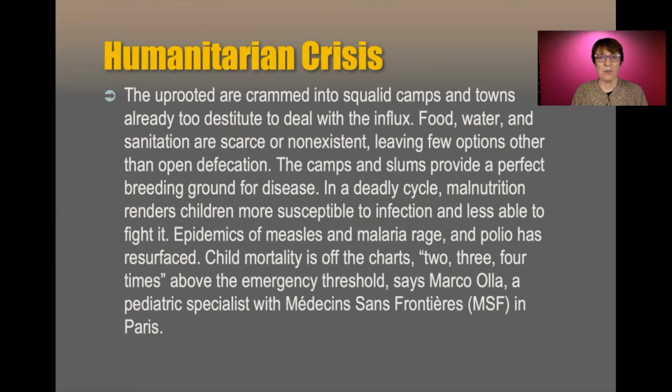Epidemics of measles and malaria rage, and polio has resurfaced. Child mortality is off the charts, 2, 3, 4 times the emergency threshold, says Marco Ola, a pediatric specialist with Médecins Sans Frontières, which is to us known as Doctors Without Borders.